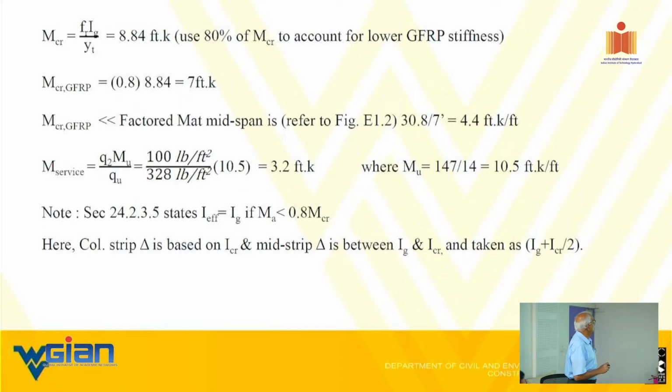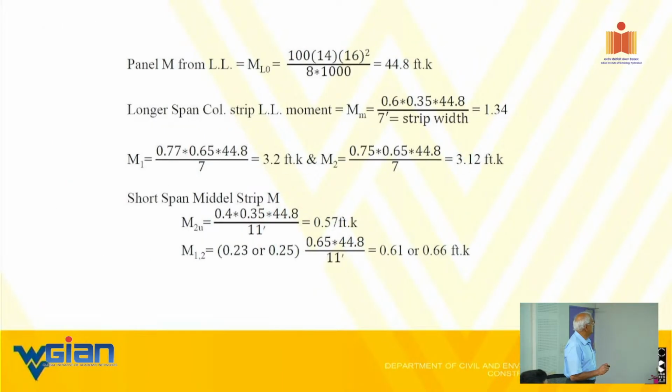Okay, so we found the service moment value, again based upon the ratios, found the Mu. This is the one we found way earlier, 147, and 14 feet is the width of the T-beam like effect that I talked about, and these are the cracked column.